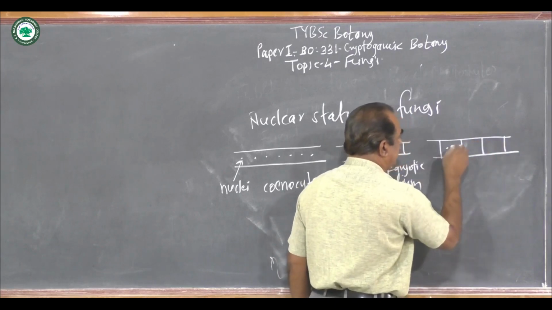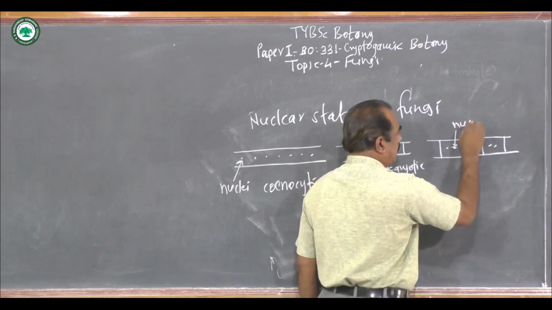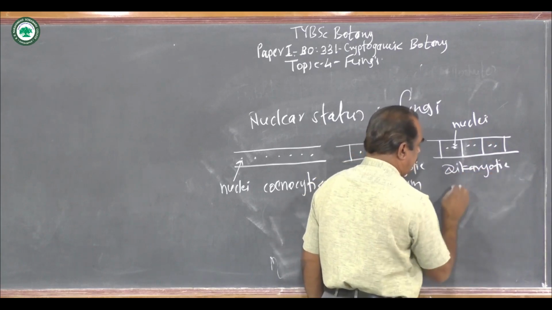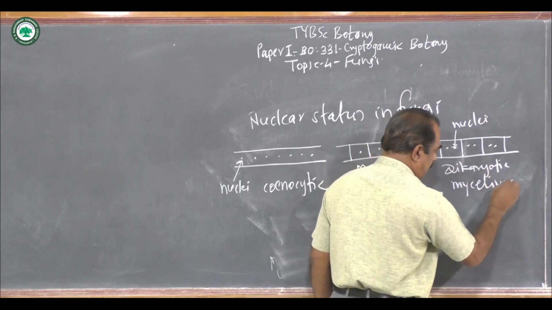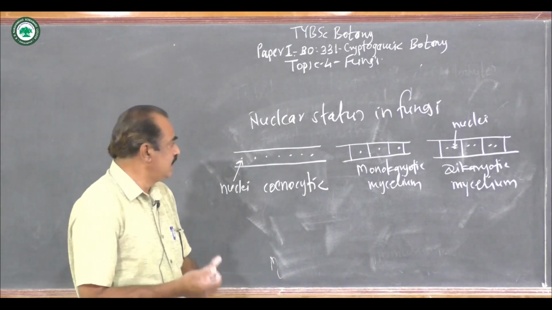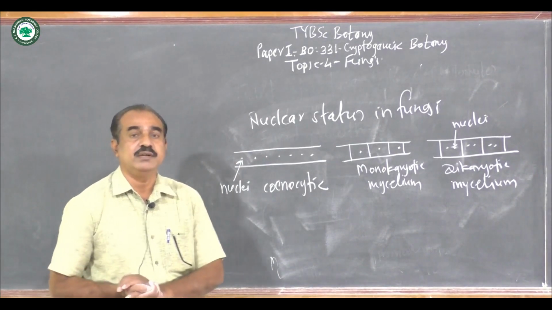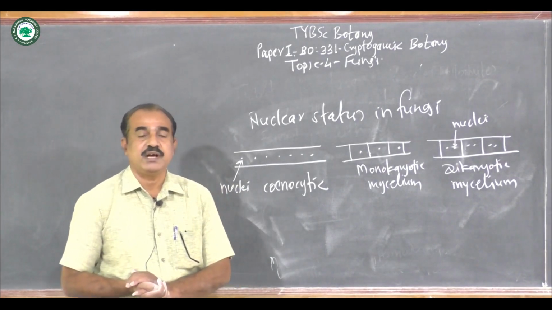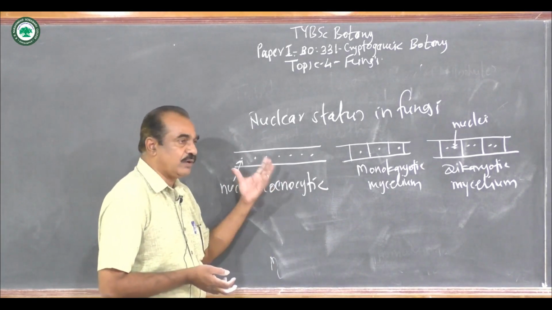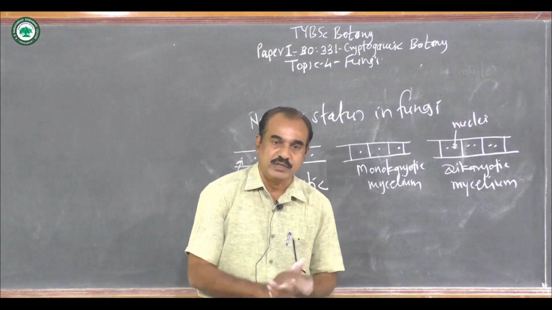This is a dikaryotic mycelium. So this is the different status of the nuclei according to their distribution. In number 1, the mycelium or fungi is called coenocytic. That means there is no cross wall in the mycelium or hypha. A number of nuclei are simply suspended in the common cytoplasm. So such a type of fungi or mycelium is called coenocytic mycelium, in which a large number of nuclei are suspended in the common cytoplasm.